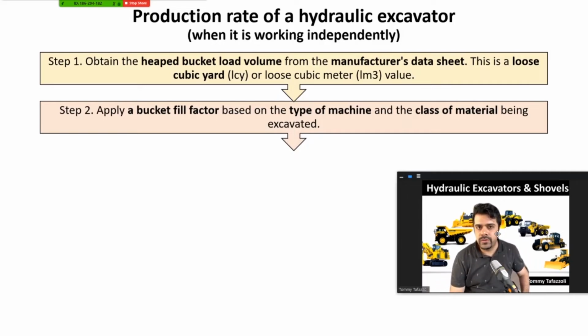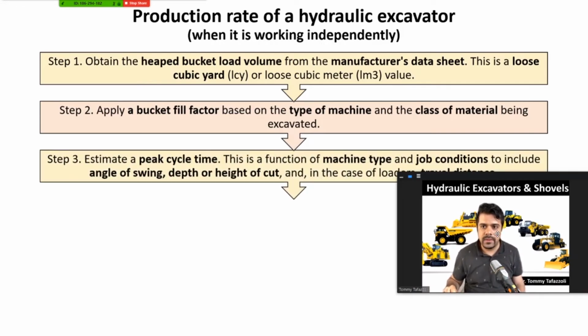But for rocks, for tough materials, there will be a lot of space between the rocks, so not the entire bucket volume would be used. So there is a bucket fill factor to reflect that change.